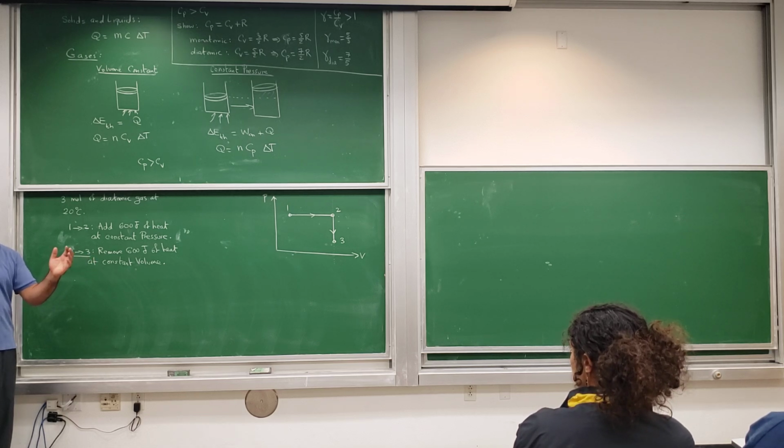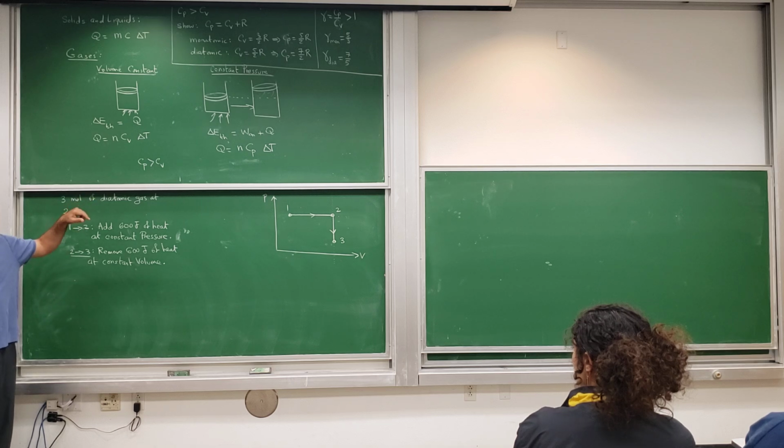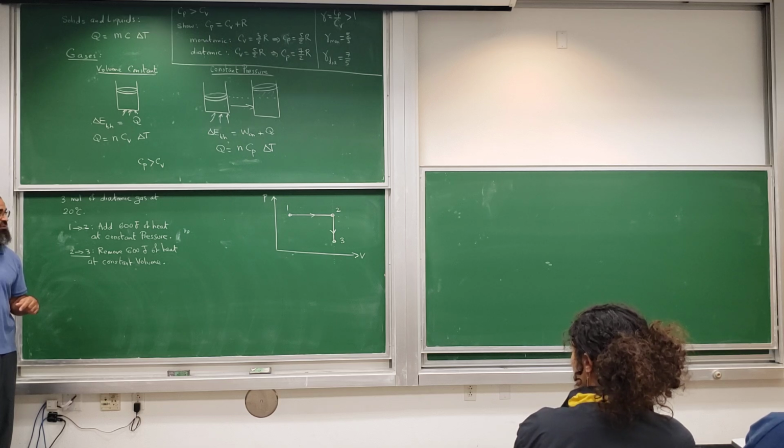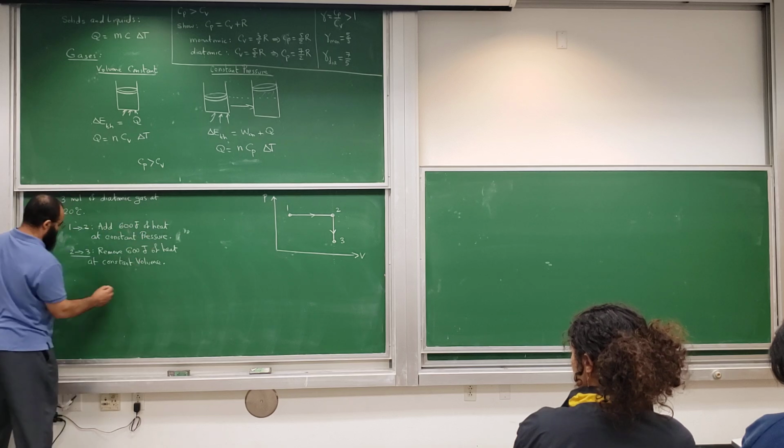But when you remove it at constant volume, the decrease would be even more because CV is less than CP. It's easier to lower or raise the temperature at constant volume. The effect would be more with constant volume. But that's the intuition, or the physics. Let's let the math do its job.